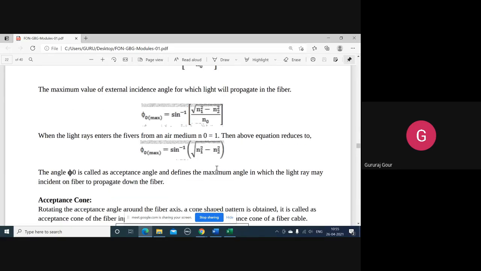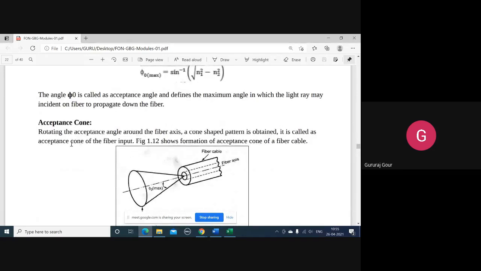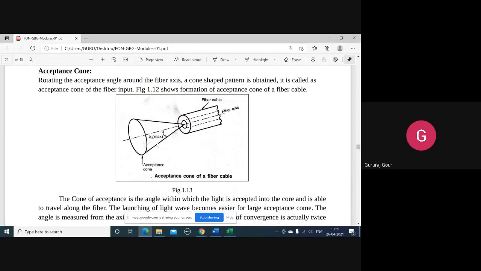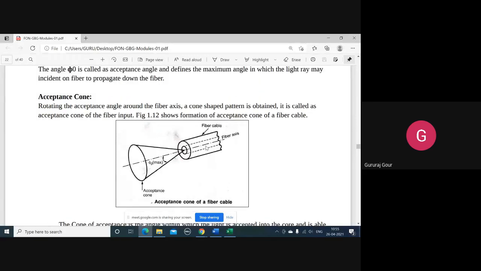Acceptance cone will indicate the cone shaped pattern described by the acceptance angle. Here it has been shown. Acceptance angle means maximum incident angle. So when fully rotated, the shape of a cone, that cone shaped structure is called the acceptance cone.